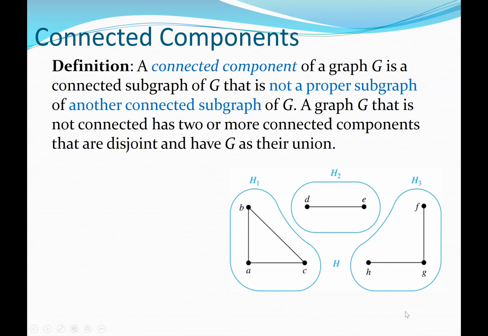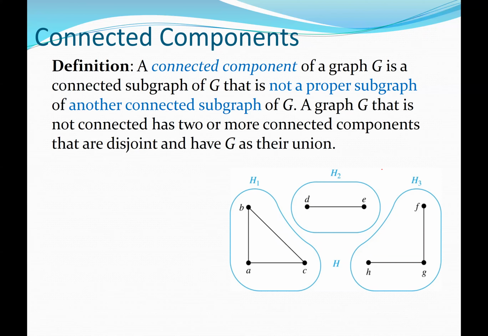You can see here we have three connected components. They are all independent of each other. ABC is one component, and it doesn't depend on any other component. In H2, you have D and E, which doesn't depend on the other two. Same thing with H3.